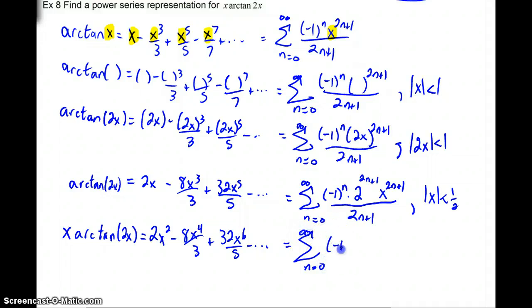So we'll have negative 1 to the n, 2 to the 2n plus 1. This will now become x to the 2n plus 2, all over 2n plus 1. By the way, we're still going to have the absolute value of x less than 1/2.